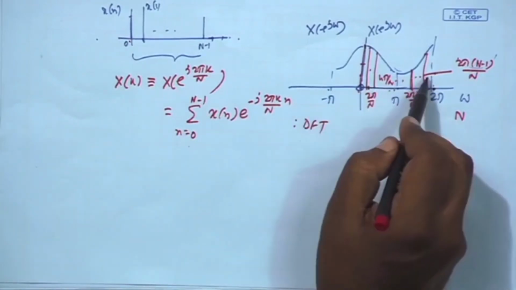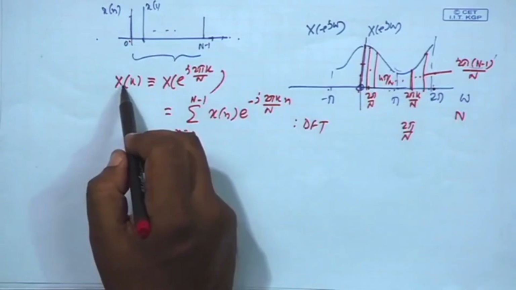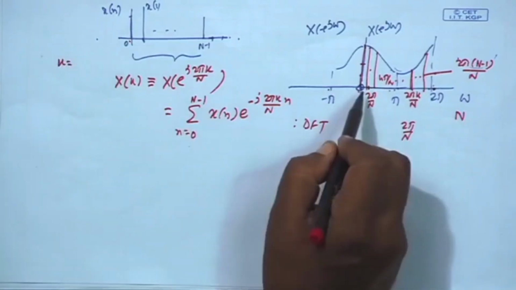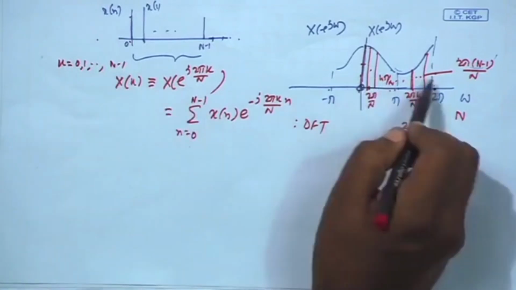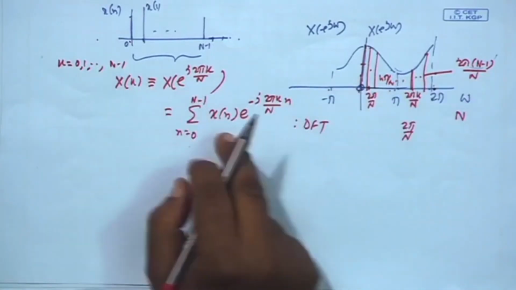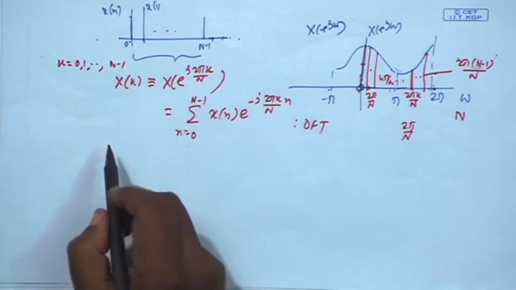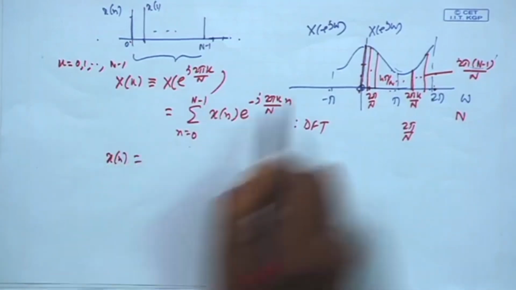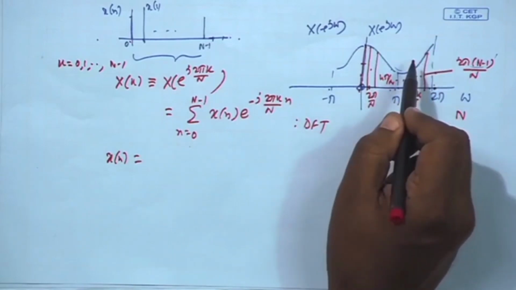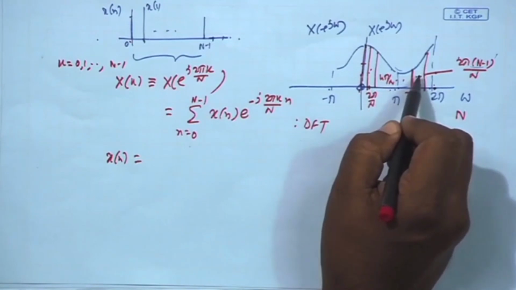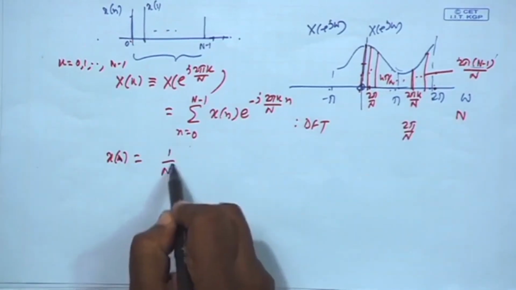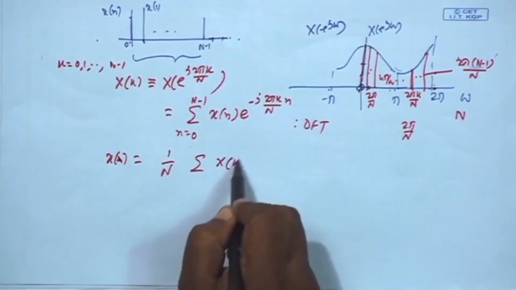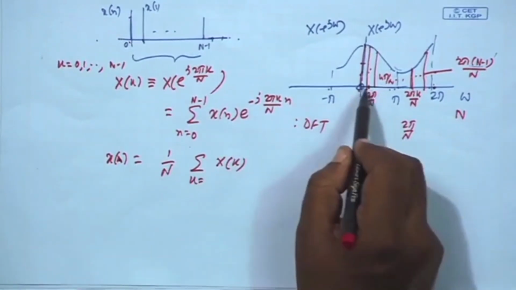Then using these samples, that is the samples X[k], where k can be 0, 1 up to N minus 1, you can get back your x[n]. That is, you do not need the entire envelope and then compute the inverse DTFT. You can take these samples only, capital N of them, and get back your x[n] by this formula: X[k], you sum over k equal to 0, k equal to 1, like that.